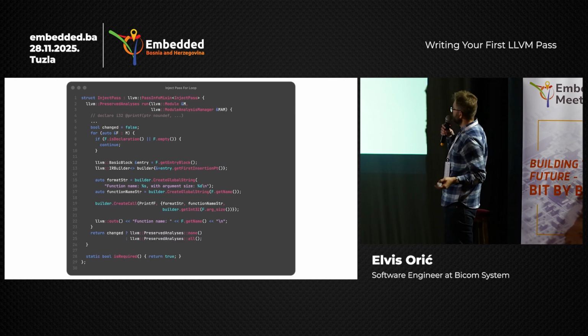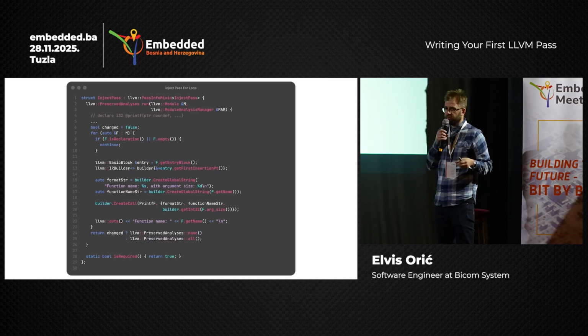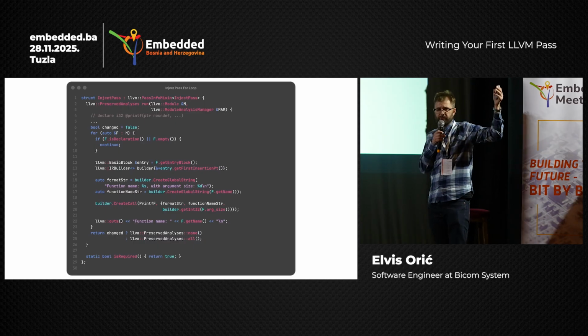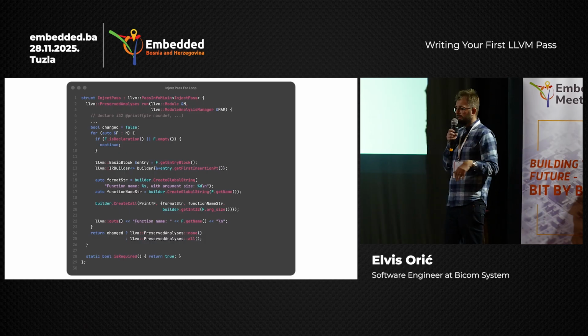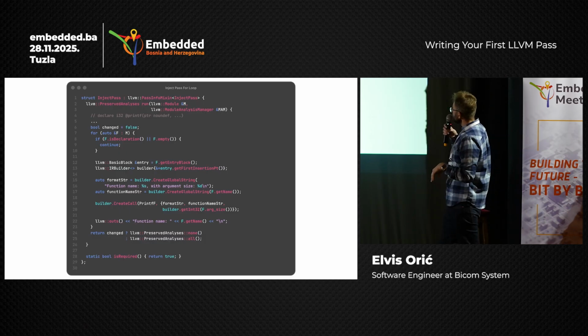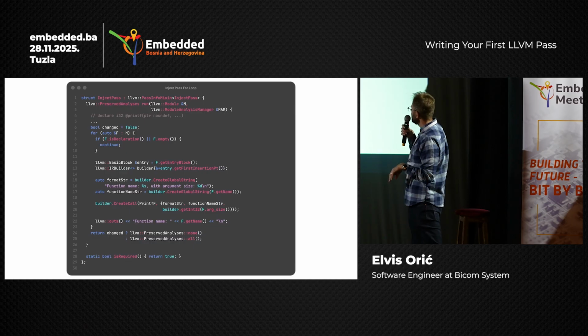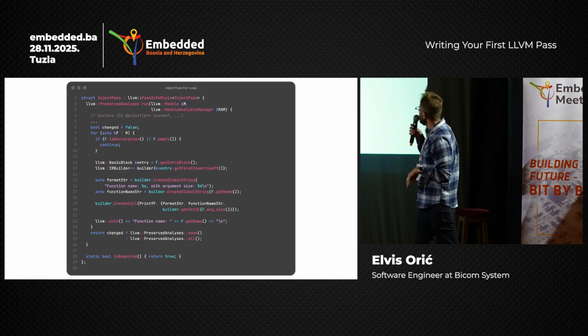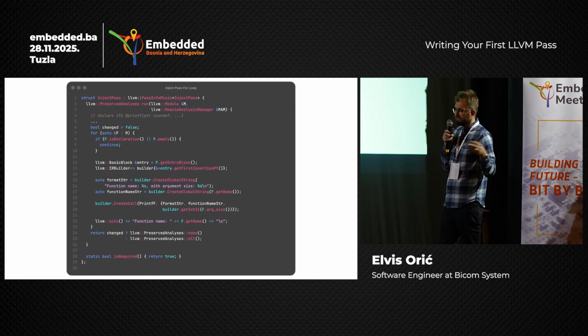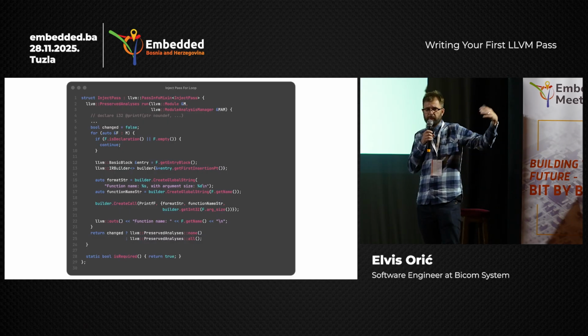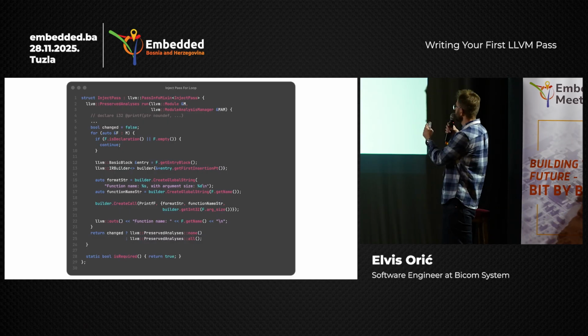So what do we want to do here? In this example, what we need to do is create a format string. That's a global string. That's one thing. That's on line 15. Another one is the function name. We also need a string for the function name and the number of parameters.